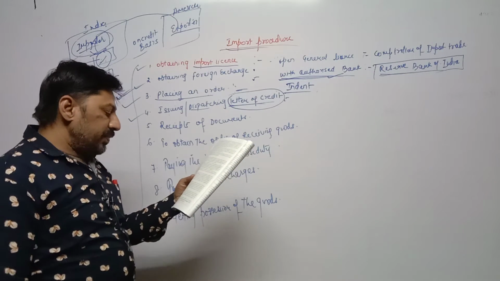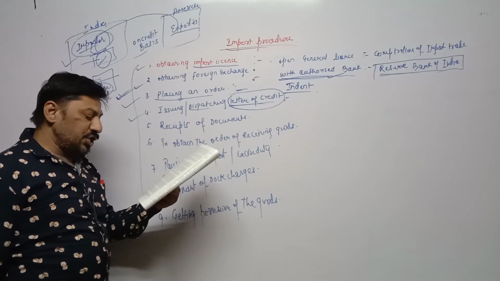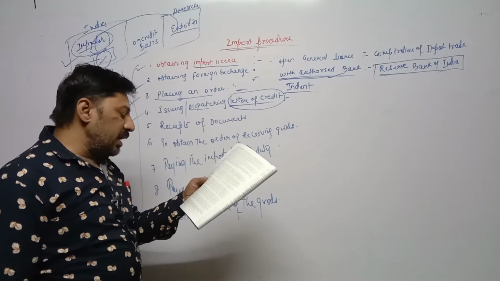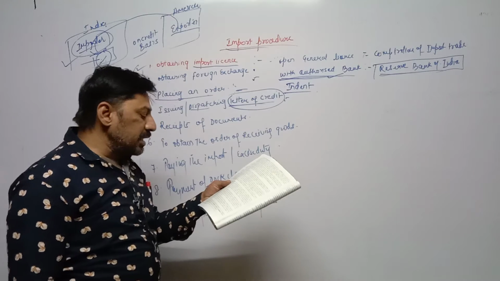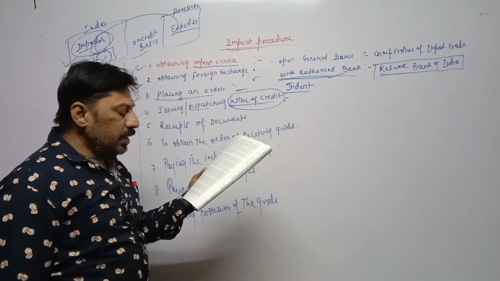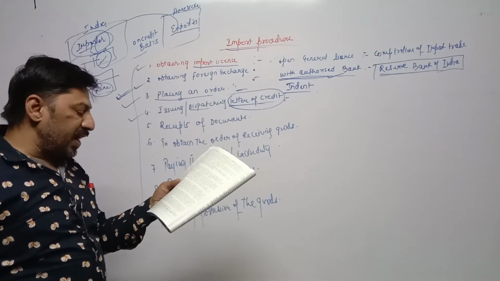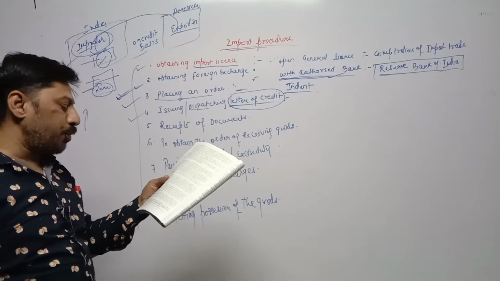Now, dispatching letter of credit. Letter of credit means a document assuring the exporter regarding the payment for goods on behalf of the importer. The exporter demands a letter of credit to know the financial capabilities of the importer.